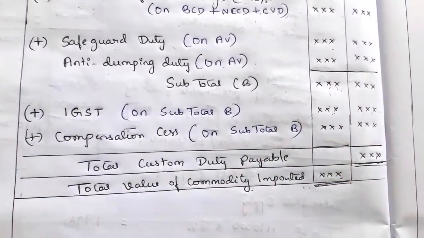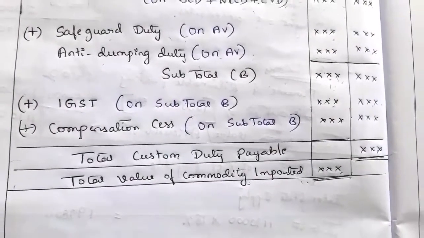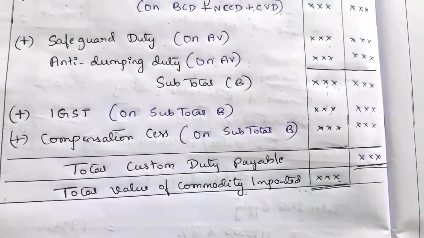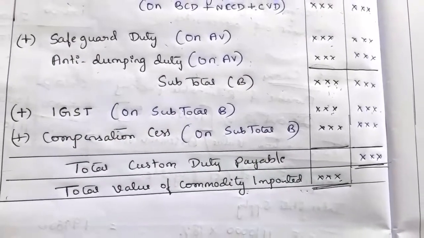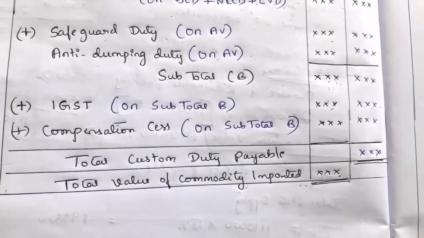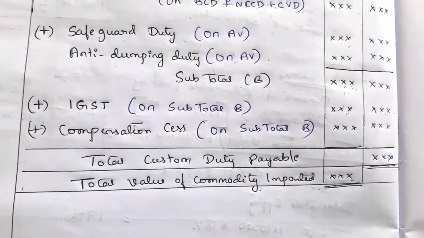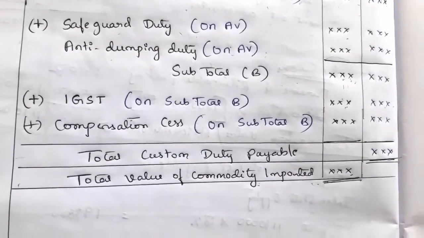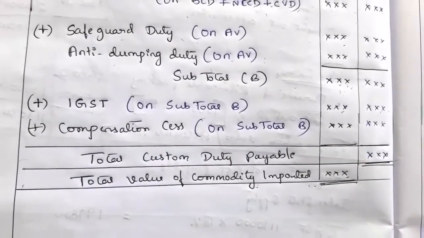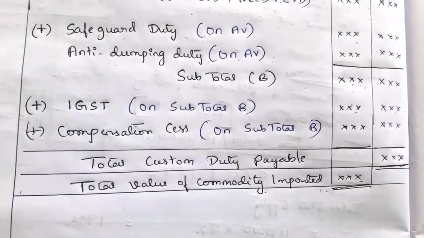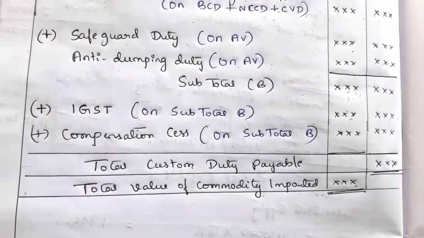Next is compensation cess. Compensation cess is one of the duties. It is levied on luxury goods like high-end cars, pan masala, tobacco products or aerated drinks for a period of 5 years, especially to compensate the states for losses of revenue.